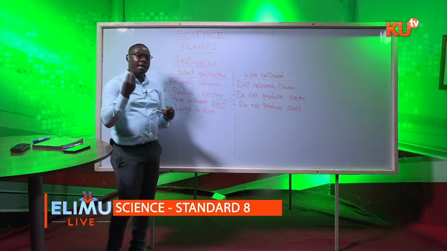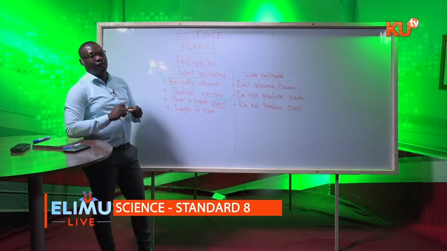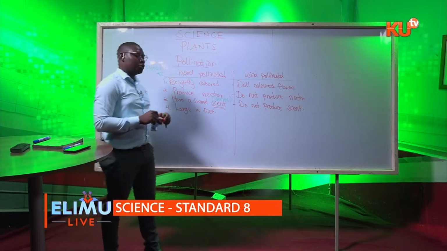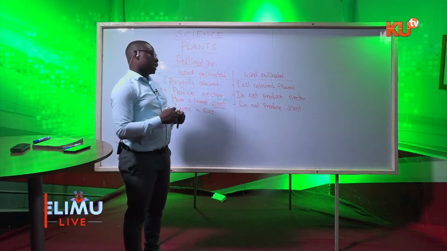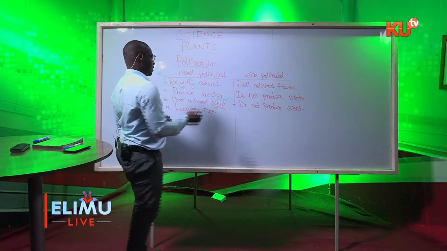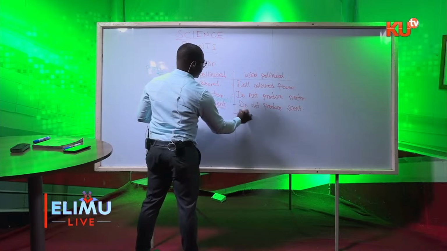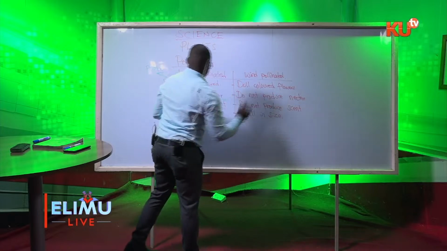Remember, if the flower is too small, the insect will not get inside the flower, and for pollination to take place, the insect must get inside the flower. The wind pollinated flowers will be small in size.